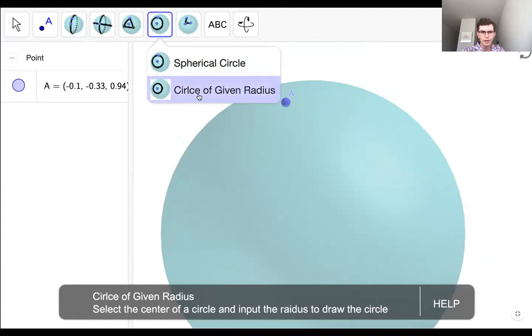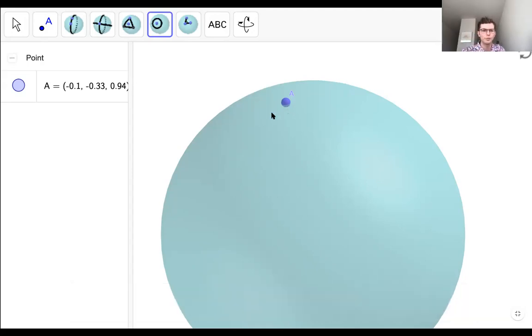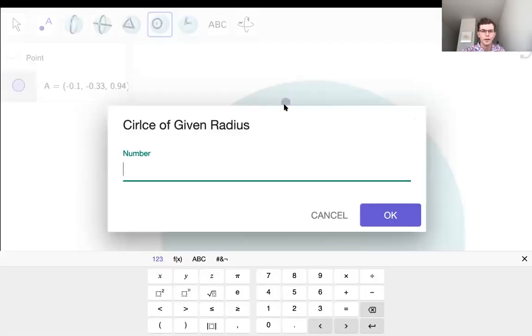For example, at this point A, which we took to be the North Pole last time, but that doesn't really matter, just imagine choosing a random point on the surface of the sphere and finding your favorite radius, let's say 0.5.